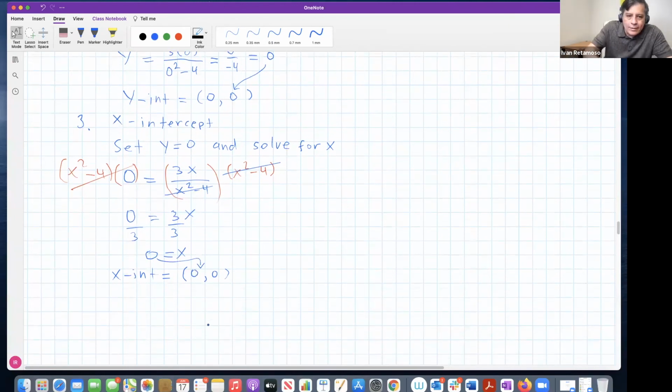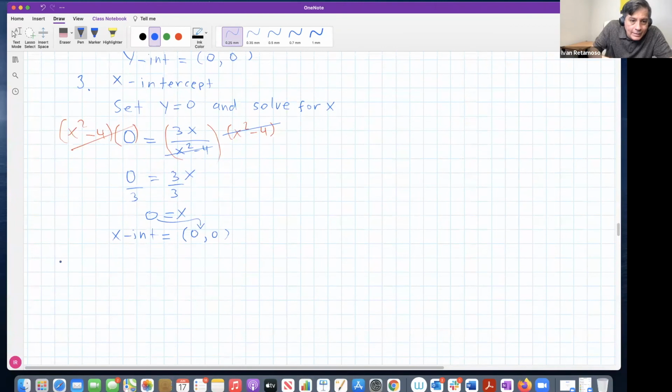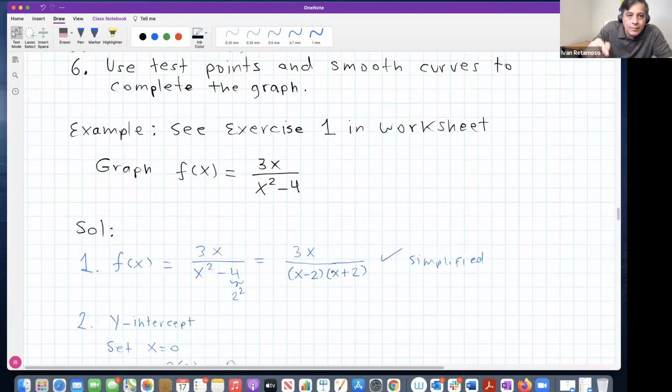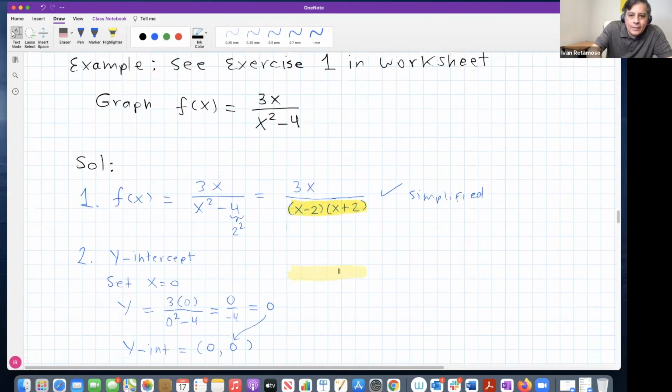All right, step 4. Step 4 says find the vertical asymptotes. For that, we studied a method. That method said after you simplify, you simply set equal to 0 the denominator. So we go ahead and do that.